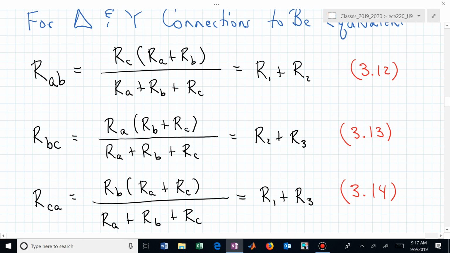But do you get the idea? I've now set the deltas equal to the Y's, and depending on what I want to do, I can solve for R sub A, R sub B, R sub C in terms of R1, R2, R3, or the other way around. I have 3 equations, really in 3 unknowns, assuming I know the other 3 variables.